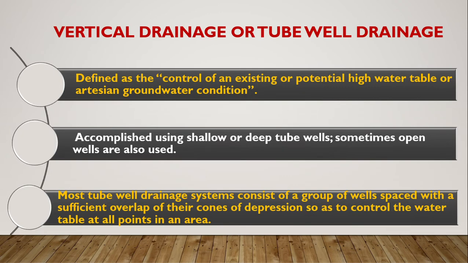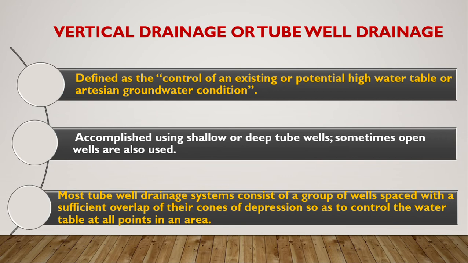The second type of special drainage system is vertical drainage or tube well drainage. This we have discussed earlier. In this case, we will dig a number of wells at the same location and we will pump out the water from those wells. So the nearby subsurface water will be decreased. The pumped out water can be used for irrigation purposes or some other domestic purpose in the nearby areas.